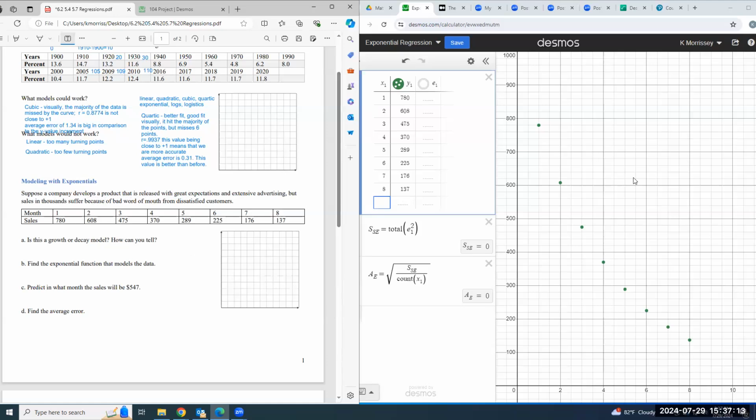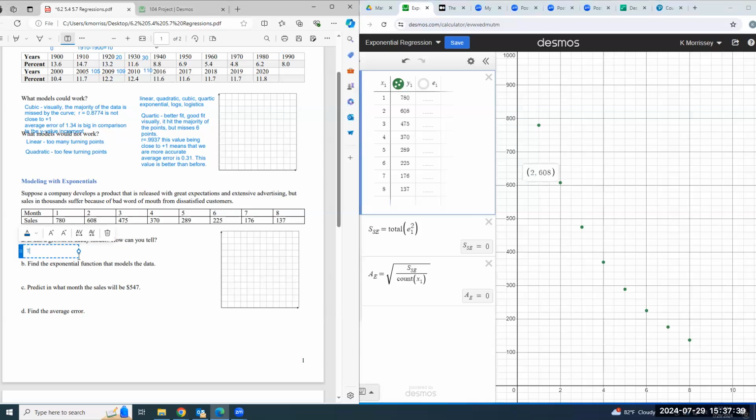So we also created a window based on what we're seeing from your X and your Y values. Again, if you don't know how to do that, please go back a few videos where we talk about your window. So this is asking in part A, is it a growth or a decay model? Well, we're going to be looking at the direction of your data values, and it is going down, so it is decreasing.